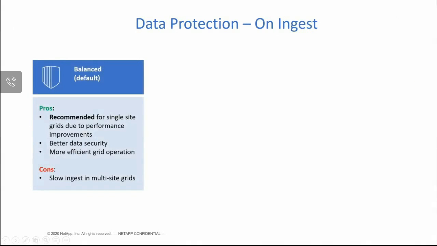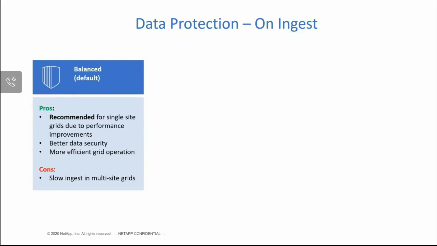All right, our next topic is going to go over the three choices that I went over in the last slide. The first option, which is now the default in 11.3 whenever you create a rule, is balanced; you can choose between the three. Balance is essentially on ingest, we apply whatever your ILM rule is for the object.